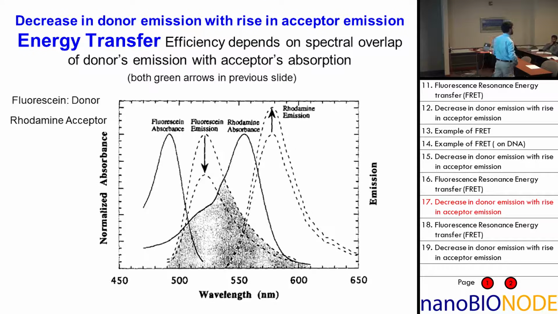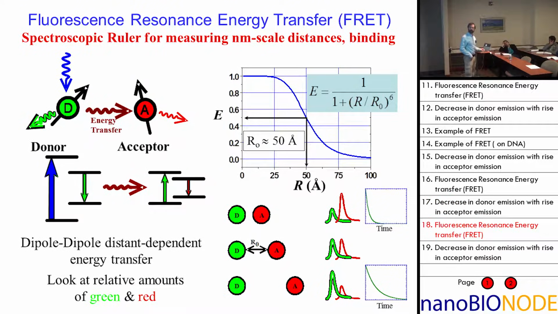Yes? So if you could excite the acceptor, could the transfer of energy be reversed, or go to the donor? So here's the acceptor absorbance. In general, this is farther to the red and generally lower energy than the donor.